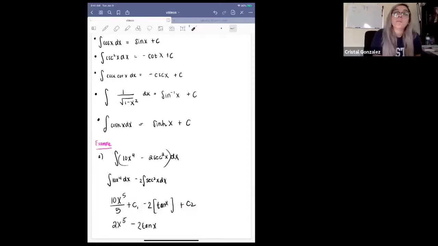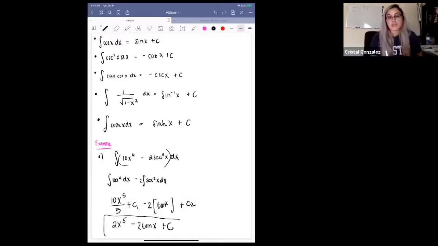So they're both constants, but when I add them together, I'm just going to get another constant. So I can just lump these two together and make one big C value. So you don't actually need to rewrite them over and over and over again. Okay?